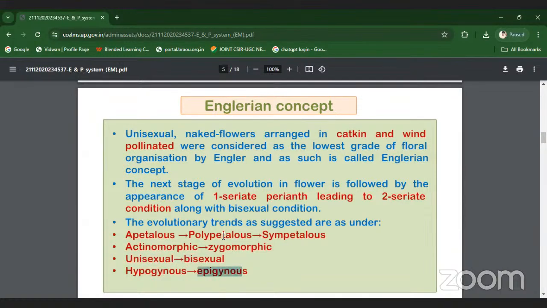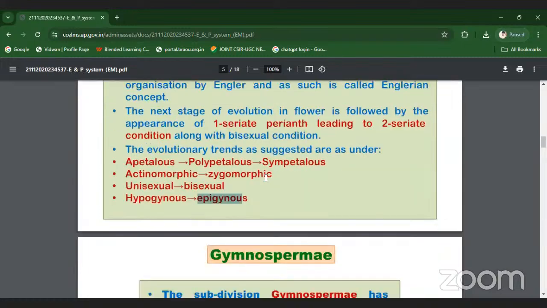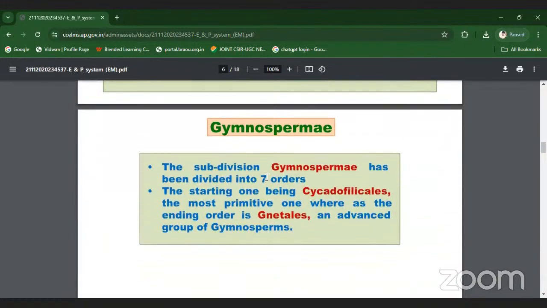All these characters are reversed in the Bentham and Hooker classification. Simply, it is opposite to the Bentham and Hooker classification, and they placed the gymnosperms first. That's why they discuss gymnosperms first. The definition of the subdivision gymnosperms is the same as given by Bentham and Hooker. The same subdivision gymnosperms has been divided into 7 orders.